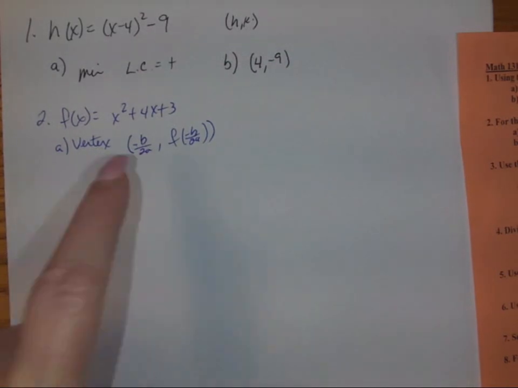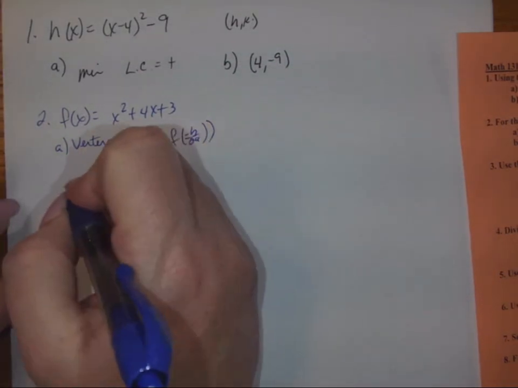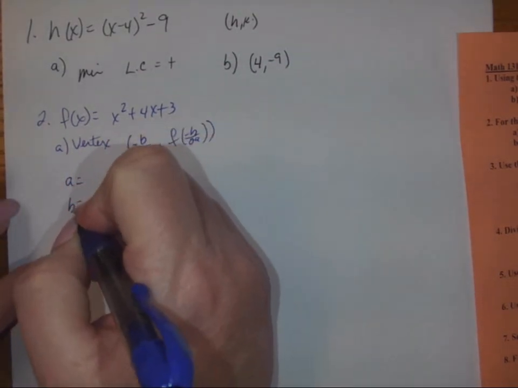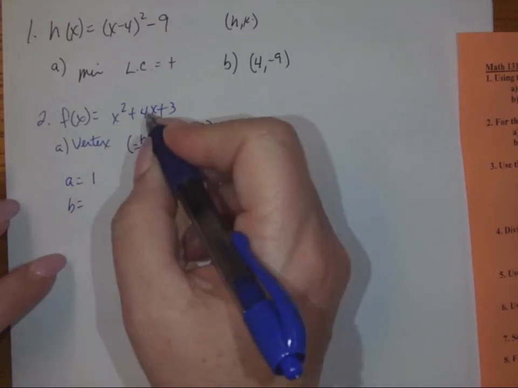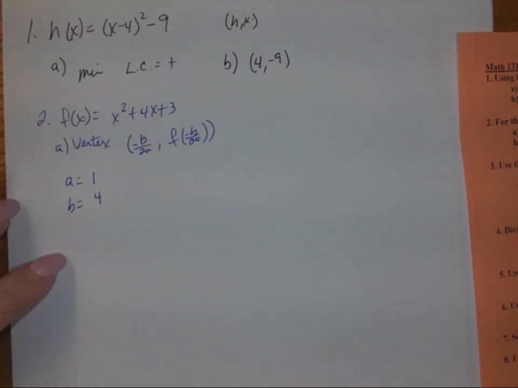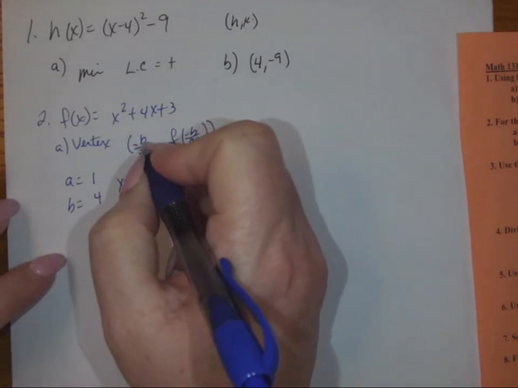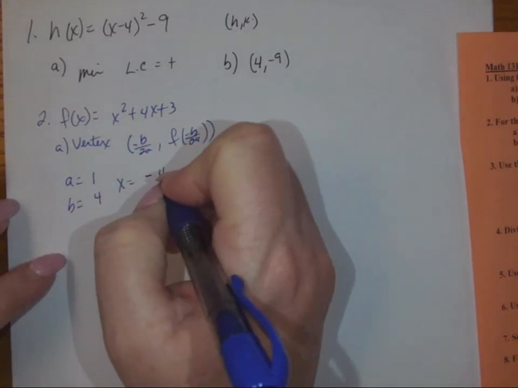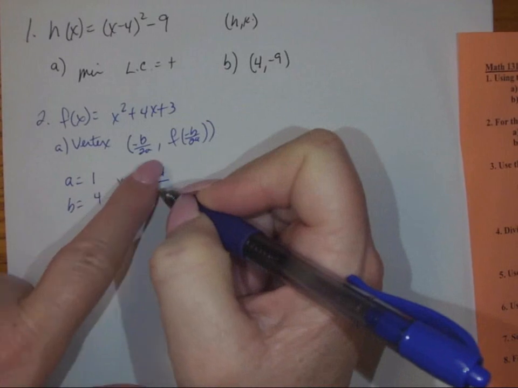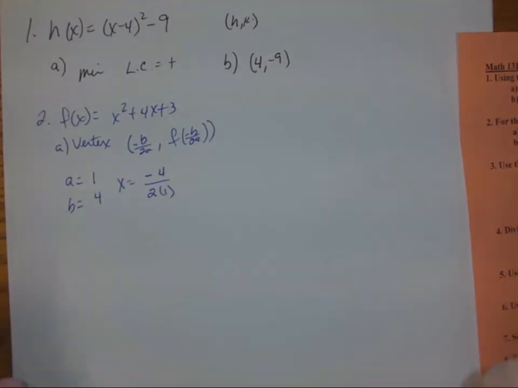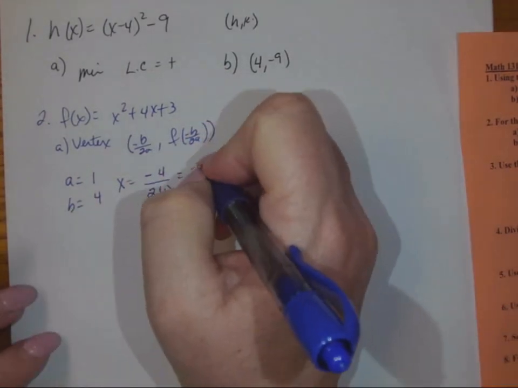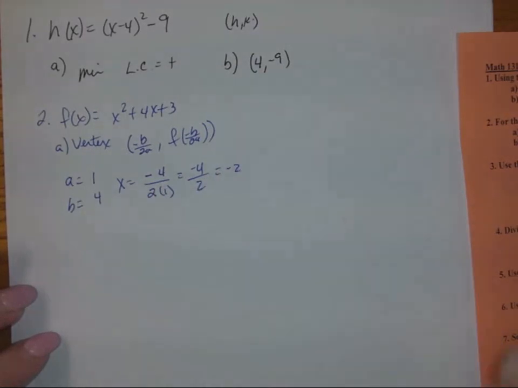So we'll first find this part. We need to know what a and b are. So a is equal to 1, b is equal to 4. So our x part will be negative b, so negative 4 over 2 times our a, which is 1. That gets us negative 4 over 2, which is negative 2.